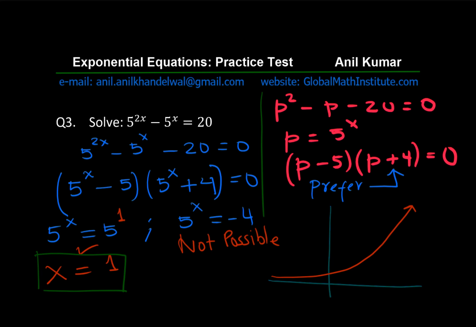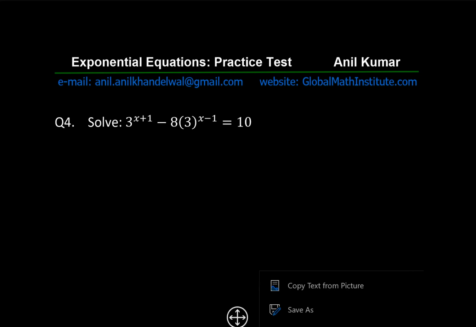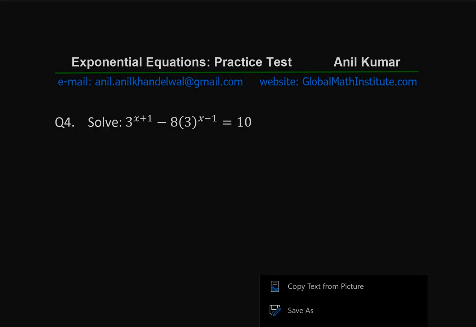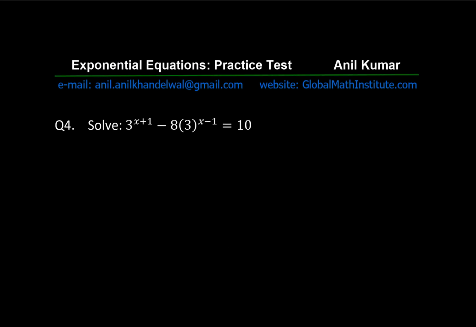Okay, let's take the next one now, which is question number 4. Solve the equation 3 to the power of x plus 1 minus 8 times 3 to the power of x minus 1 equals 10. So this is where it becomes slightly tricky. So let's rewrite the equation. We have 3 to the power of x plus 1.